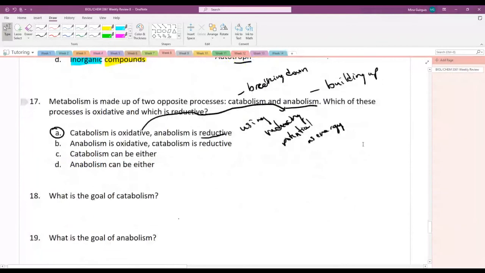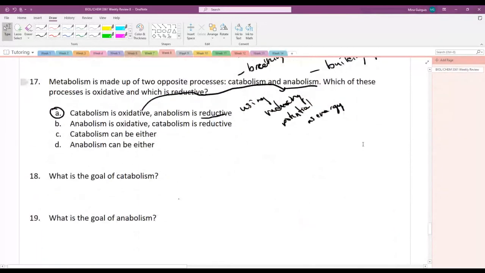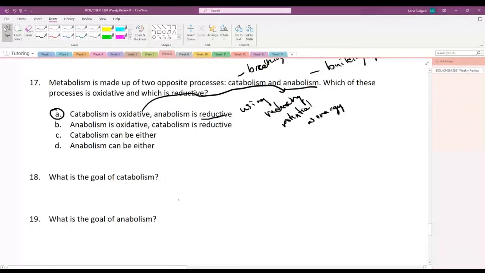So the goal of catabolism is to break down products. The technical, very sciencey, wordy definition is, let me restart, it's the oxidative degradation of complex organic nutrients to simpler, oxidized, energy-poor products.